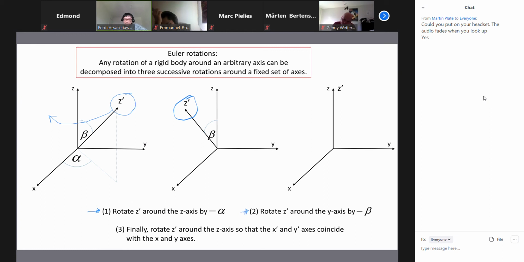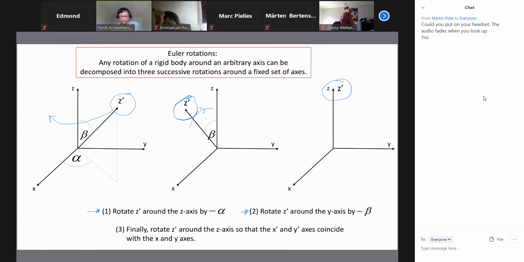We rotate this z prime around the y-axis by angle minus beta, because it's a clockwise rotation. Then we align the z and the z prime axes, so they're back to the original position.